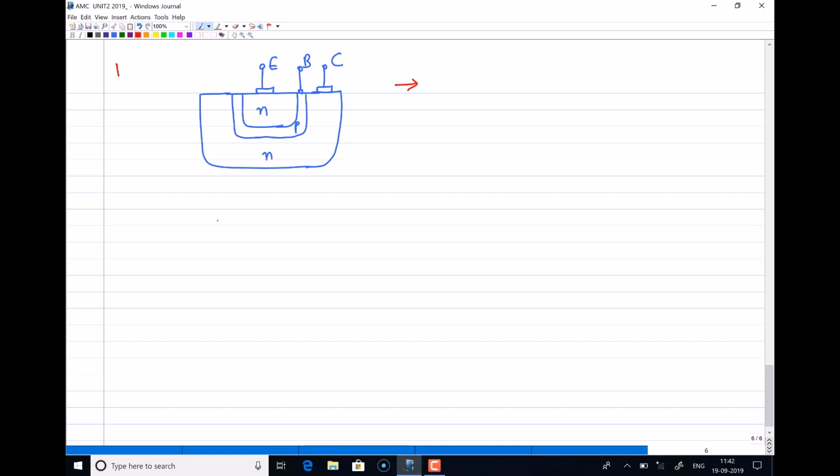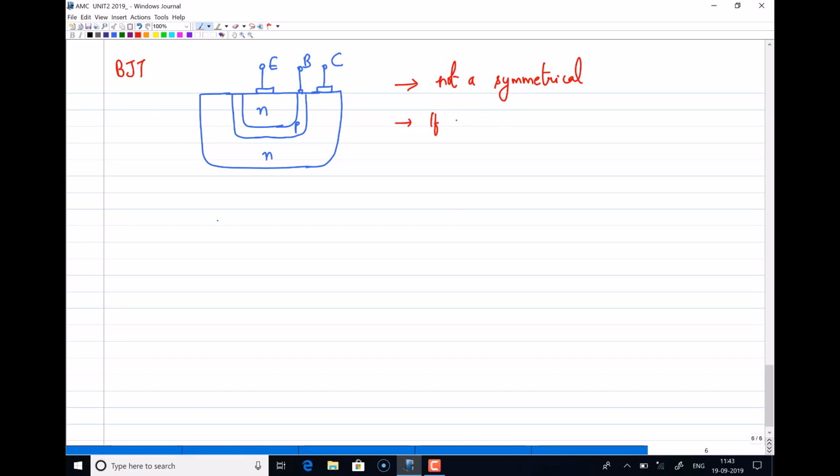Now, in contrast to MOSFET, this BJT is not a symmetrical device. When we discussed MOSFET, we stated that MOSFET is symmetrical and its collector and emitter terminals can be interchanged. But here we cannot do that.